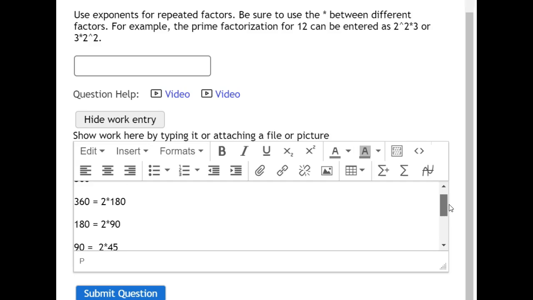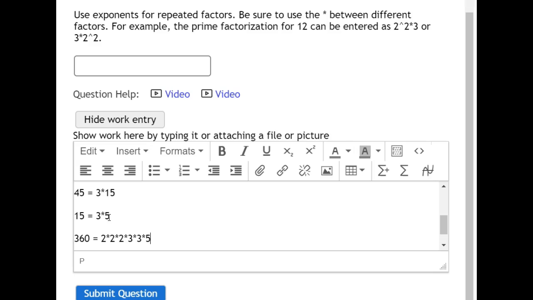So what we have is 2, 2, 2, 3, 3, and 5. We keep going until we get prime factors. So here we ended up with prime factors, so we're done. The original number, 360, is a product of all those prime factors: 2 times 2 times 2 times 3 times 3 times 5.